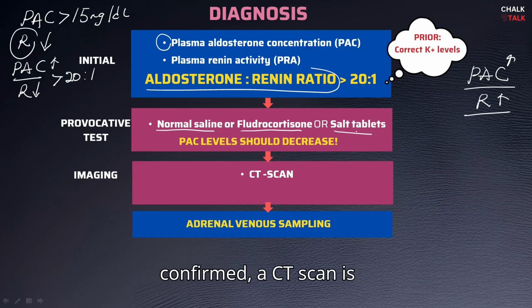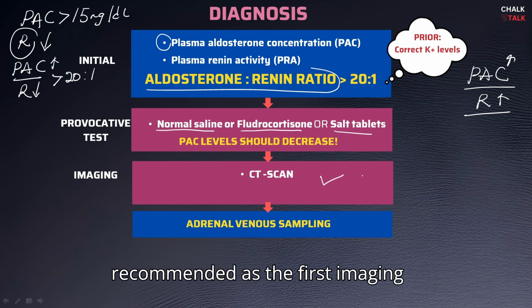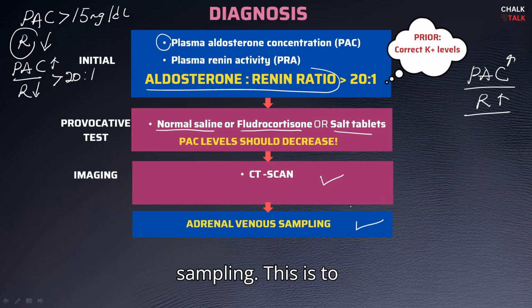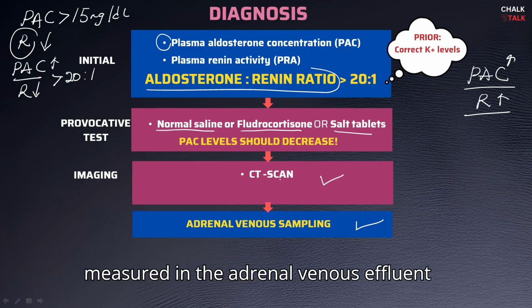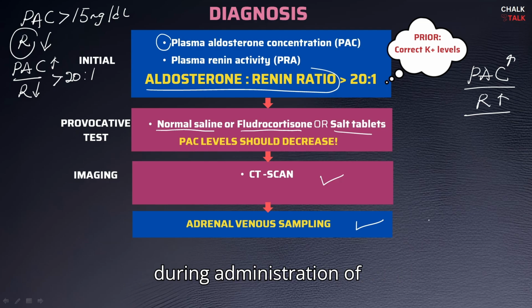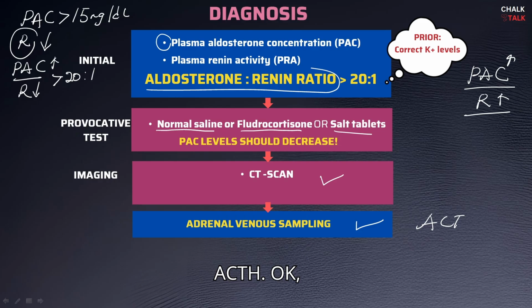Now, once this is confirmed, a CT scan is recommended as the first imaging modality, which is then going to be followed by adrenal venous sampling. This is to precisely locate the source of the excess aldosterone. Usually, aldosterone and cortisol levels are measured in the adrenal venous effluent and peripheral blood, both prior to and during administration of ACTH.